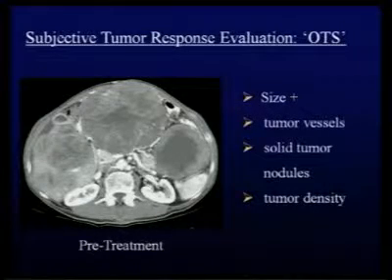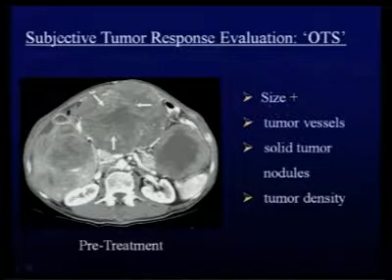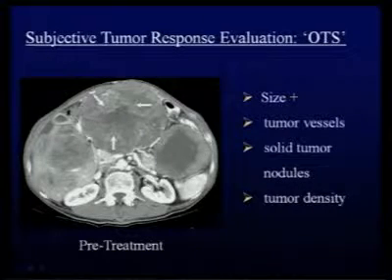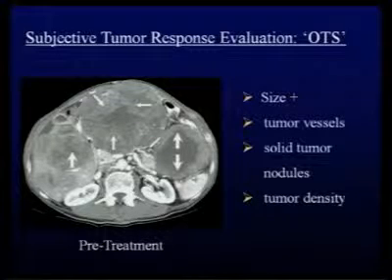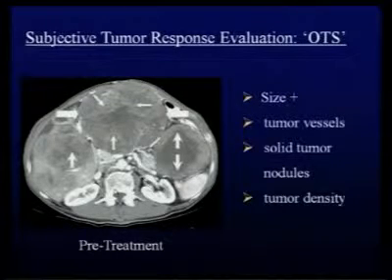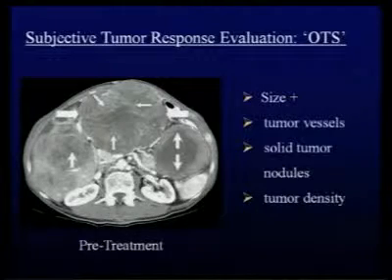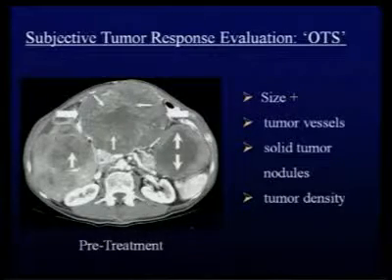We're looking at the changes in tumor vessels, like all these little white distals, and the changes in the solid components, and the changes in overall tumor density in addition to tumor size. And then we named that overall tumor status.